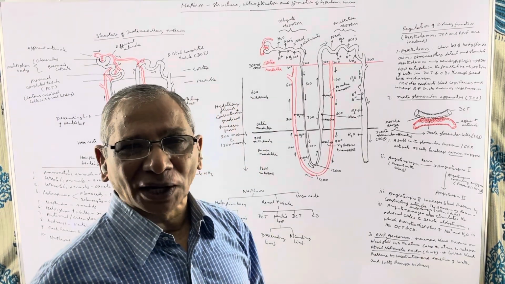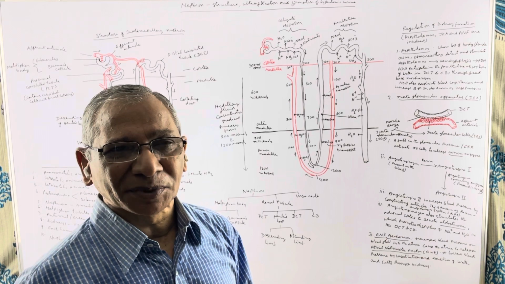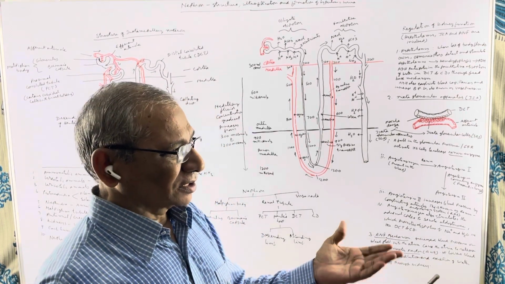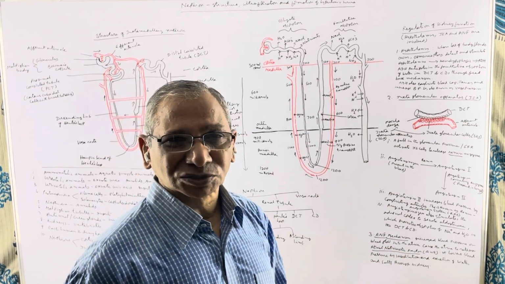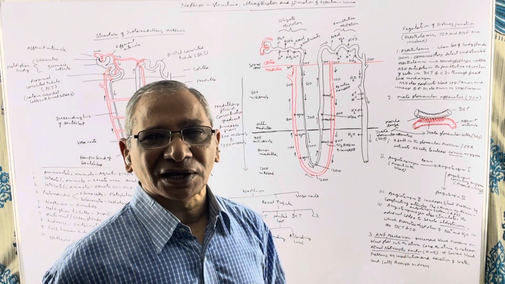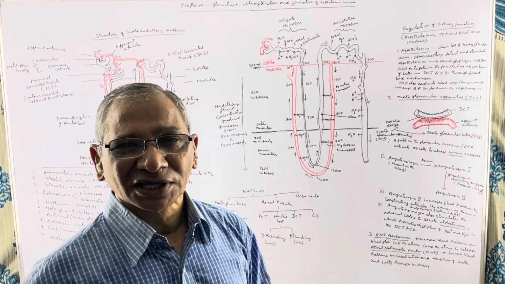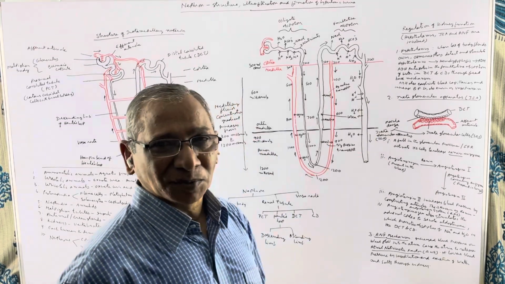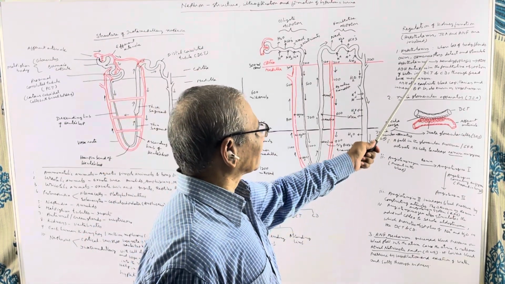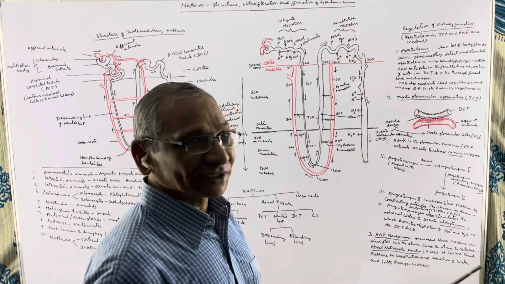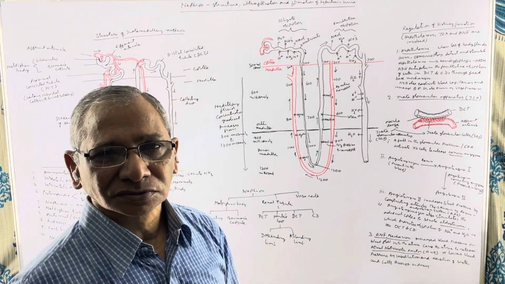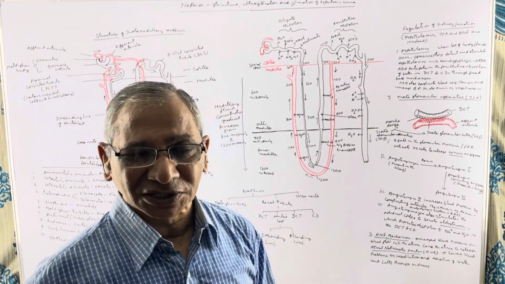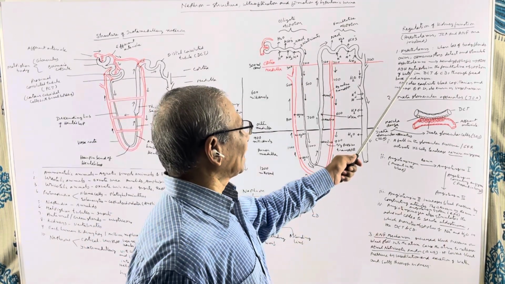When there is loss of body fluids, that is blood or tissue fluid, what is the result? The blood pressure comes down. So whenever there is a fall in the blood pressure, the osmoreceptors present in the body detect that change and report it to the hypothalamus.